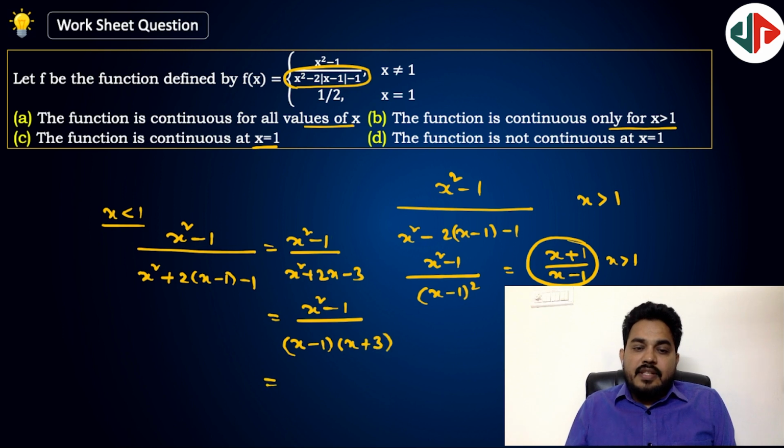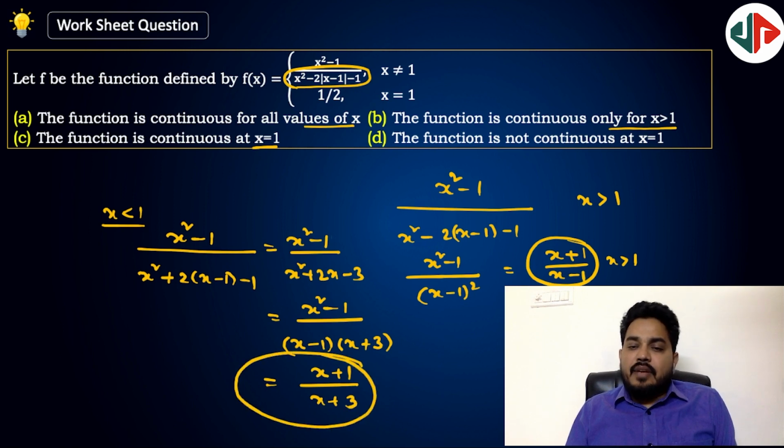So which is x plus 1 by x plus 3. So left side function is this one, right side function is this one. At x is equal to 1, functional value is 1 by 2.